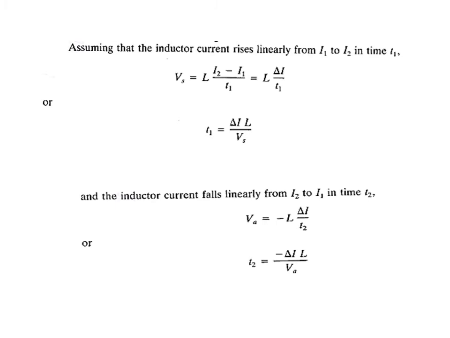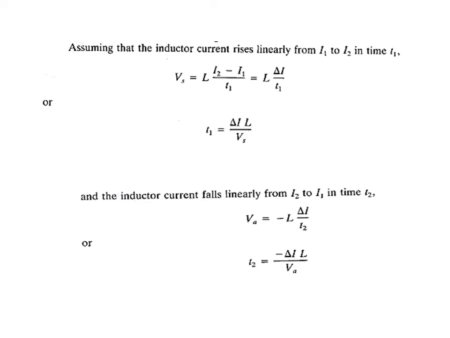And the inductor current falls linearly from I2 to I1 in time T2. For time T1, current rises from I1 to I2, and for time T2, current decreases from I2 to I1. At that time, the output voltage Va is equal to minus L ΔI/T2.